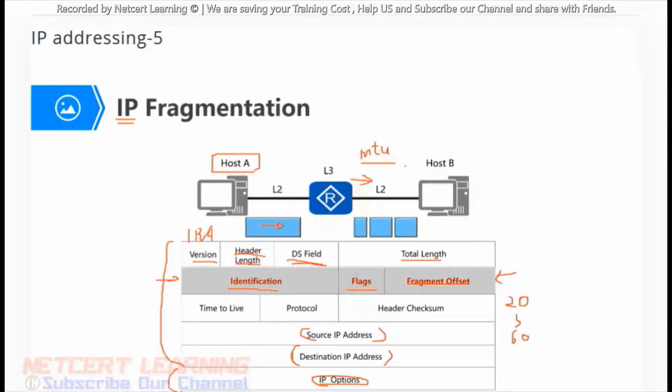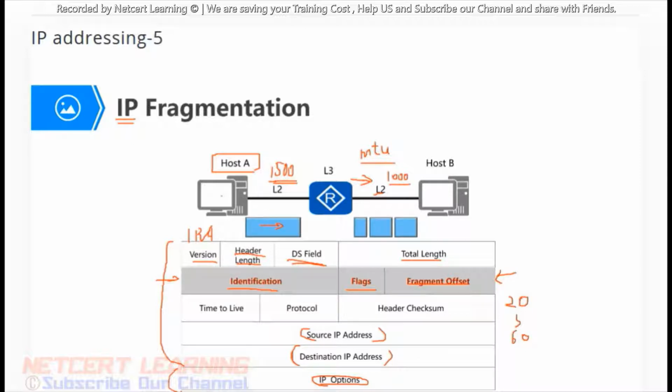That means how long can a frame sending in this network? For example, in this network, maybe the 1,500 packet frame can send, but maybe in this network only 1,000 frame can send.